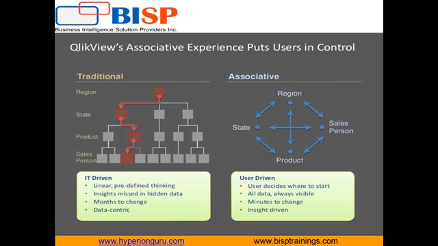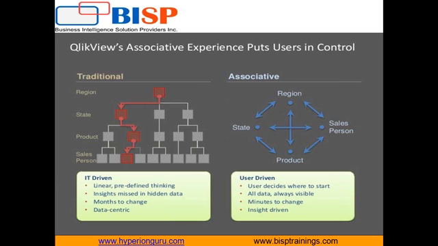It just takes minutes to change, and it presents insight-driven information in an excellent way, so that the end user who doesn't even have business intelligence knowledge can easily grasp what's being presented on the screen.